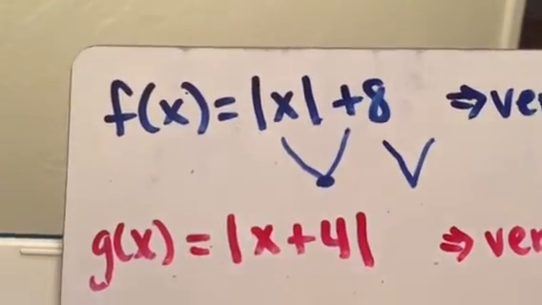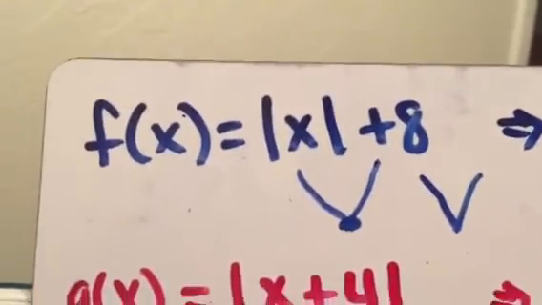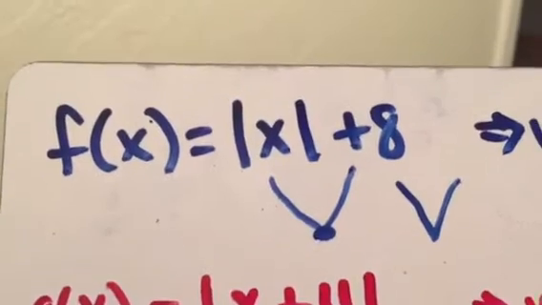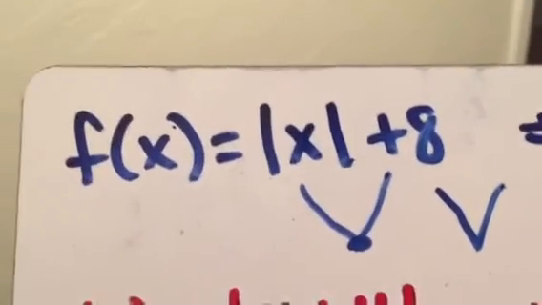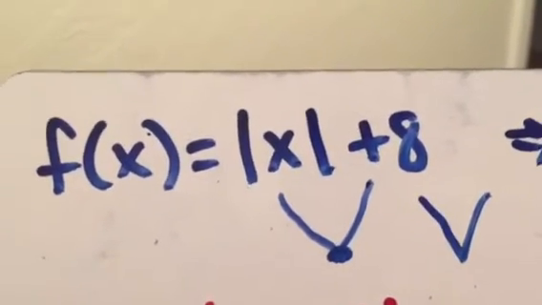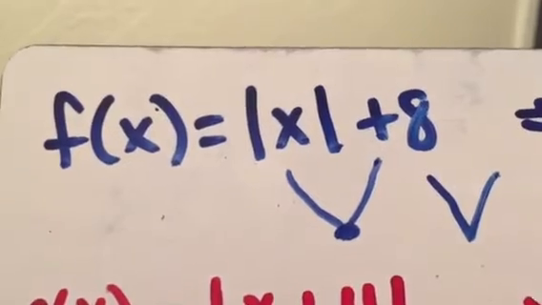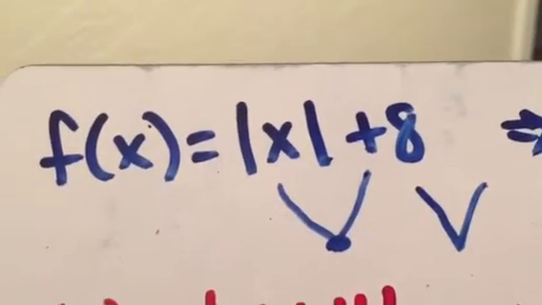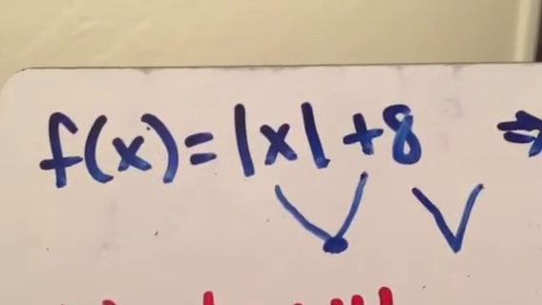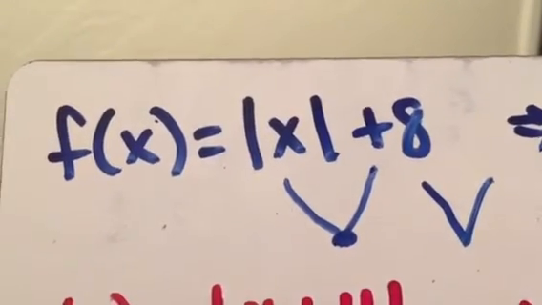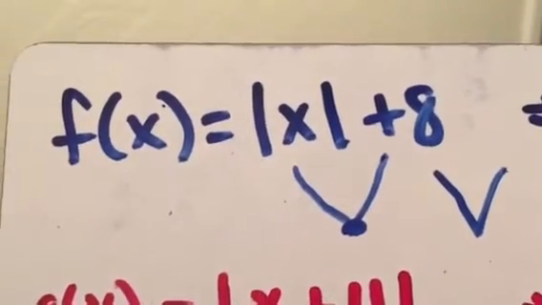So what I'm going to do is look at my function, and notice that there's nothing inside my absolute value. I have the absolute value of x and then plus 8. So technically there could be something inside my absolute value; in this case it could be x plus 0. That's something for me to know, because if there's nothing in there, then my vertex is going to contain 0.